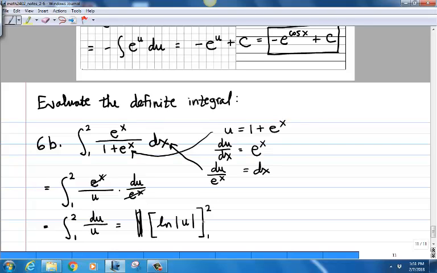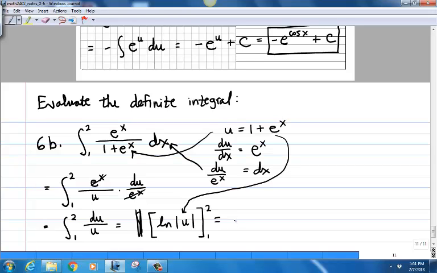Now, before I actually insert the limits of integration, this is really important. You need to undo the substitution. You cannot directly substitute in your limits of integration until you have converted this antiderivative back in terms of x, because these limits of integration are limits along the x-axis.